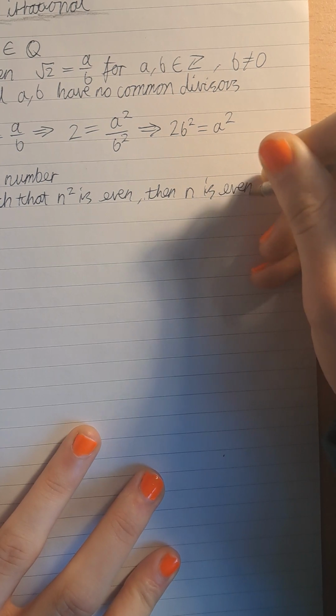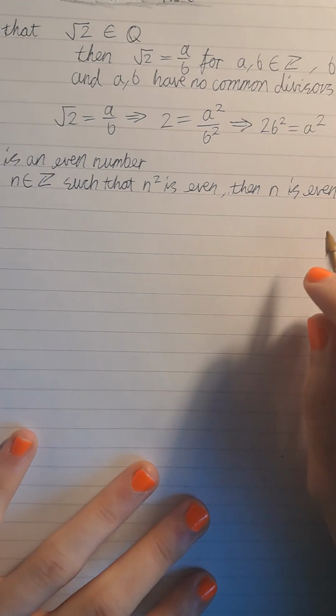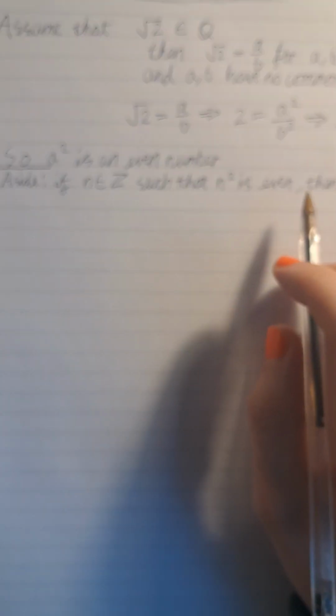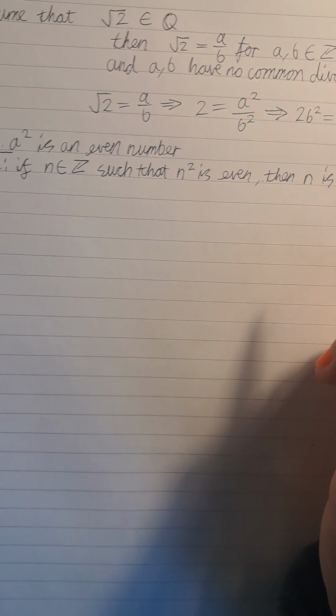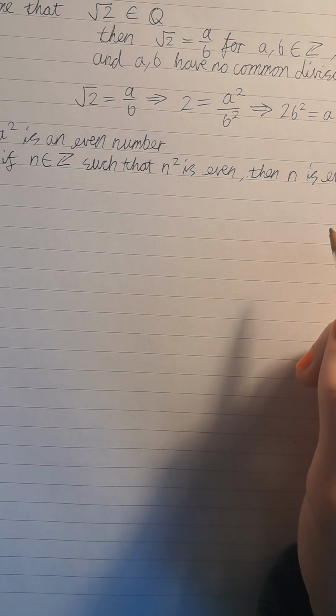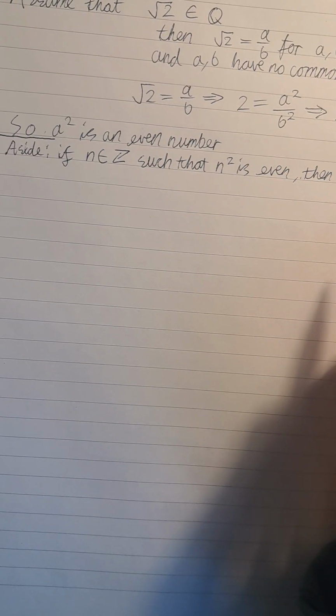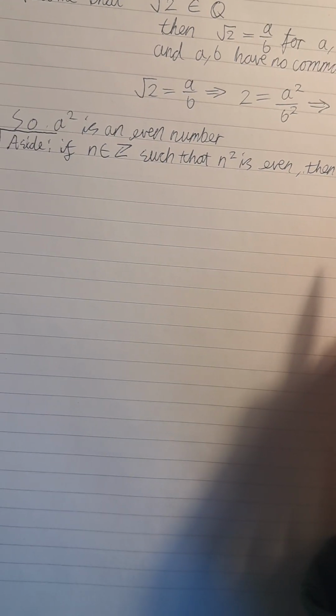Right, so the way we're going to do this, we can't really use contradiction. Well, actually, I don't know if we could or not. We might be able to, but I know another way which is better, and we're going to use proof by the contrapositive.